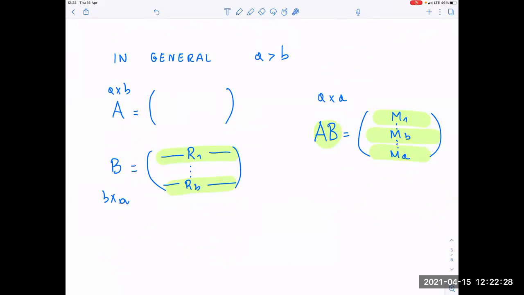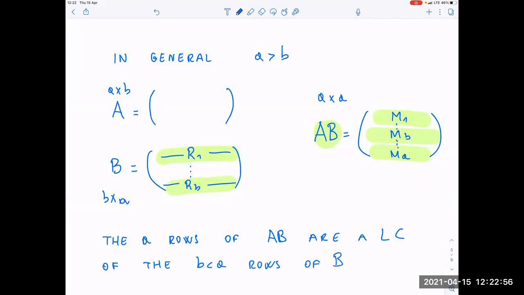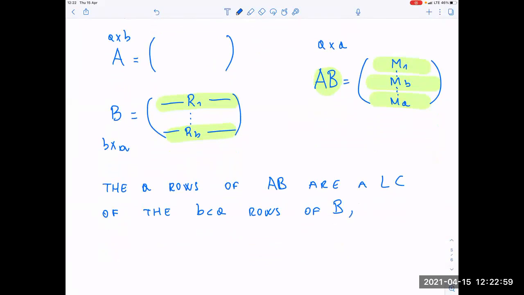The fact is that the A rows of AB are a linear combination of the B rows of B, with B less than A. And then we ask, is the set of the rows of B linearly independent?